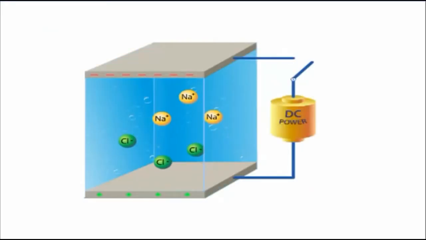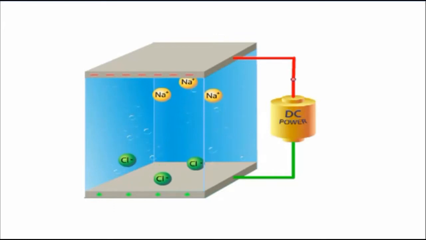When salts are dissolved in water, these ions can move freely through the water as individual atoms. And when direct current is passed through such water, positively charged ions like sodium ions will get attracted to negative electrode cathode, and negatively charged ions like chloride ions will get attracted to positive electrode anode.